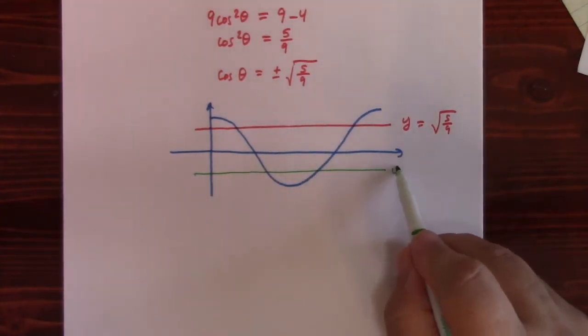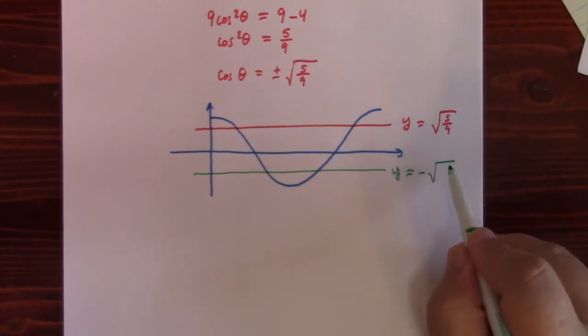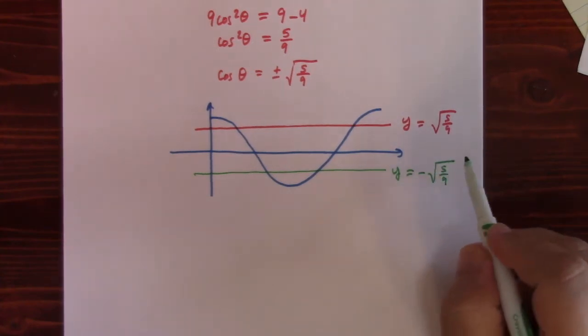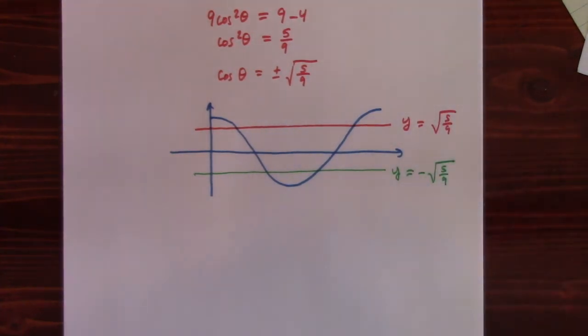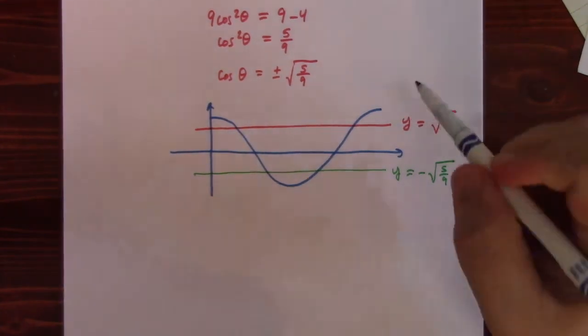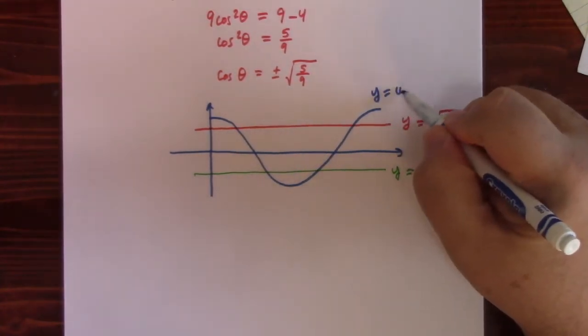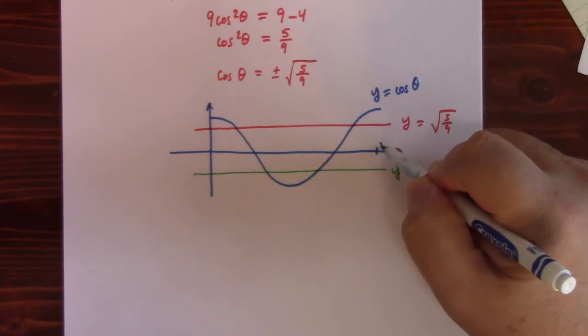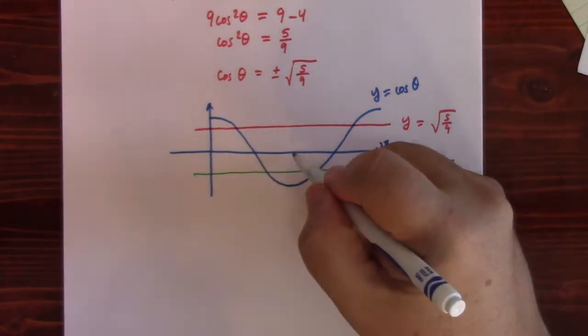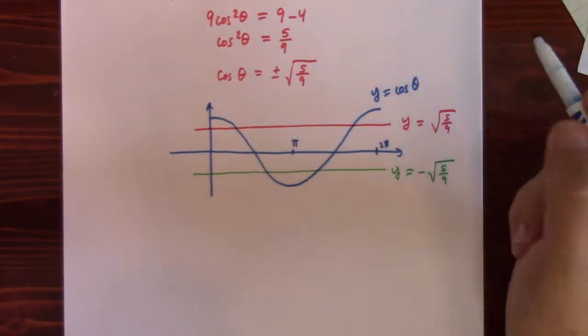So we can see there's going to be 4 answers if our context is 0 to 2 pi, right? So this is 2 pi, and here is pi. That's where cosine is -1.